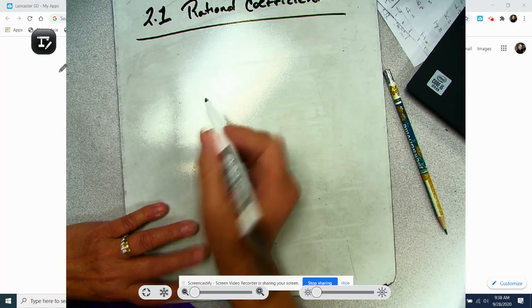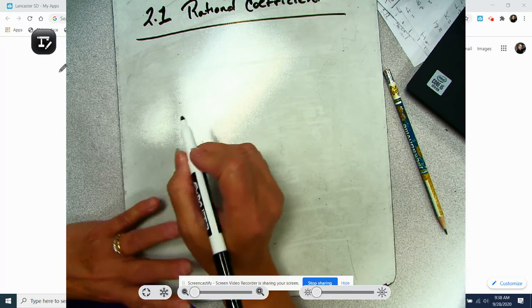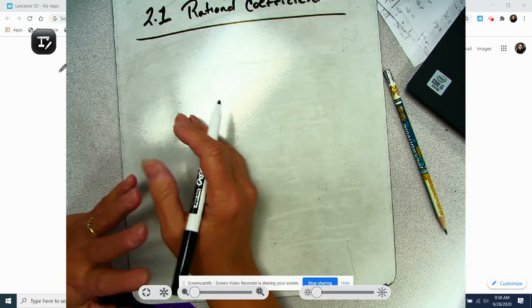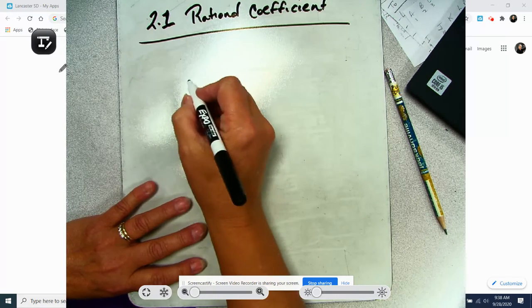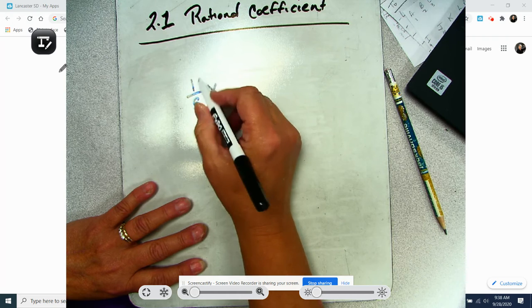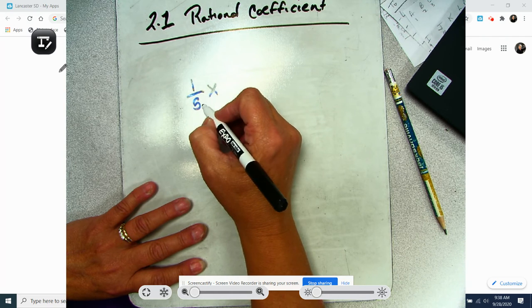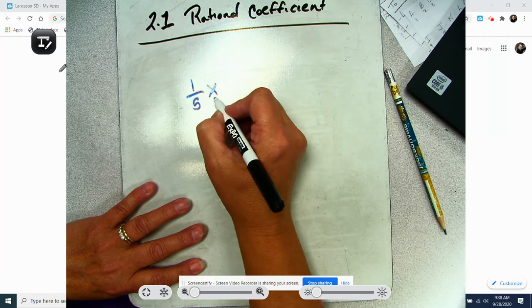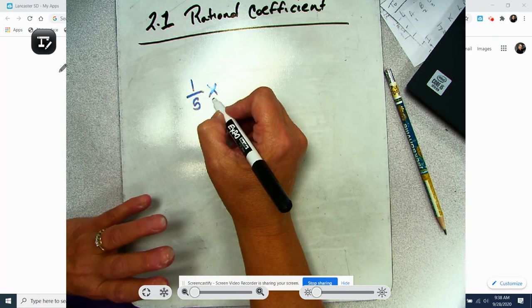So if you have a variable and you're solving for the variable, I only want to know what one value of the variable is. So if the number in front of the letter, the coefficient, is a fraction, that means I've only got 1/5 of the value of x. I want the value of x.